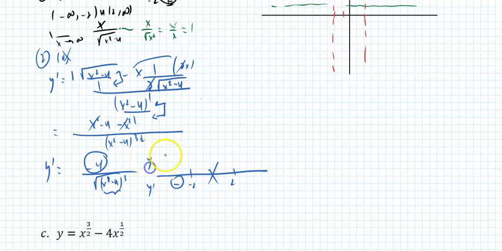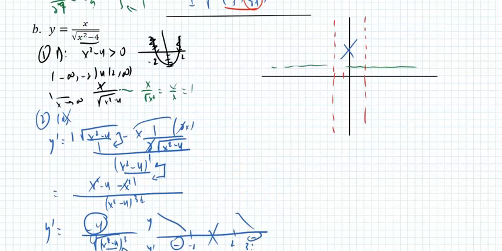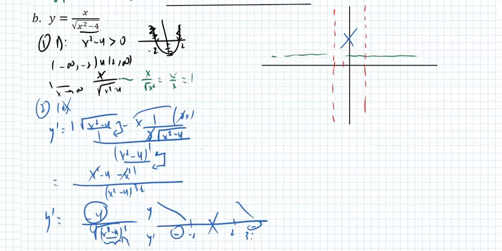The function is decreasing. And if I pick a point to the right of 2, let's say 3 as well, the denominator is positive always because it's an even index radical provided that's defined. Top is negative, right? So it's decreasing all the time.